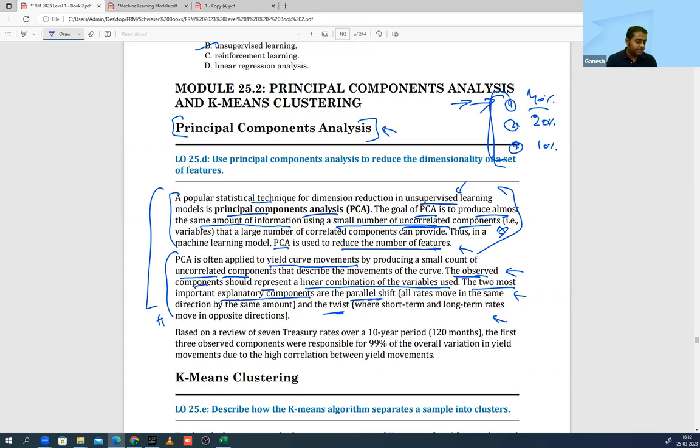Read the first two paragraphs. All good. The last part.